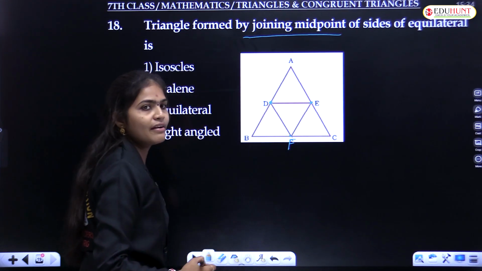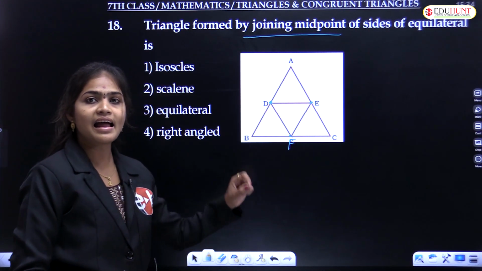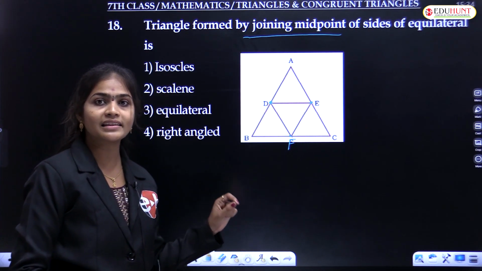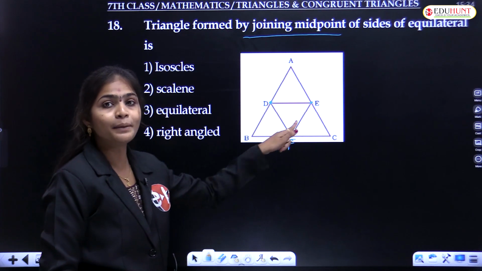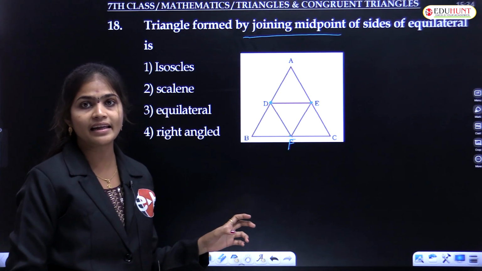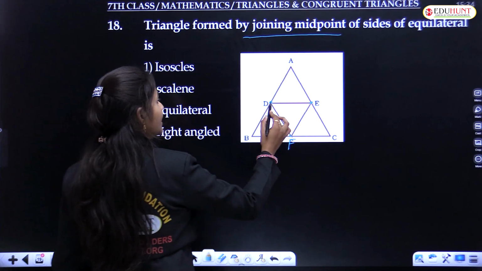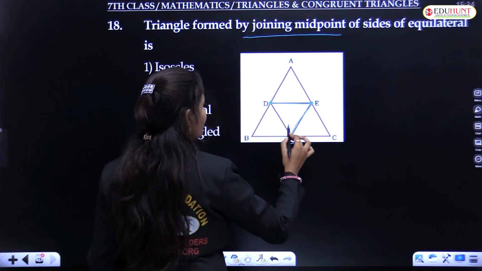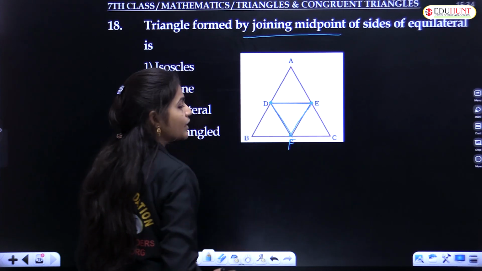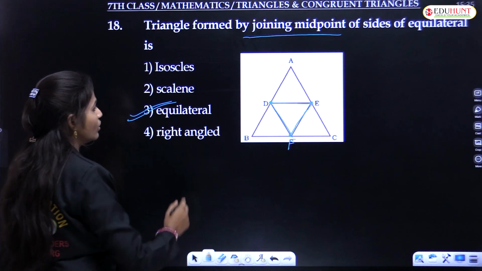So these also have the same measurements, no? And the triangle formed by joining the midpoints of each side of that equilateral triangle again forms an equilateral triangle only.